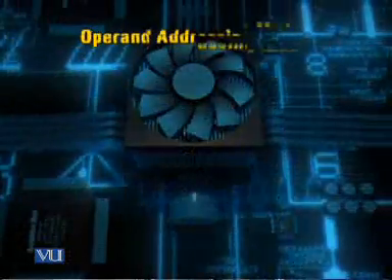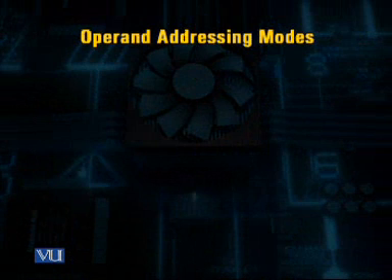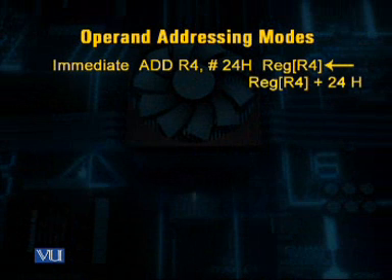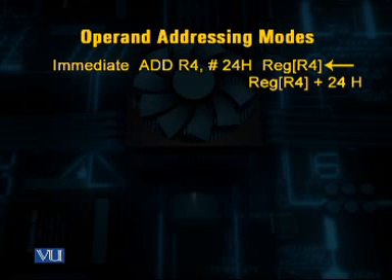In assembly language, we can specify this by writing the value of the operand as part of the instruction. As you can see from this slide, where it is written that ADD R4, comma, hash sign 24 hex.